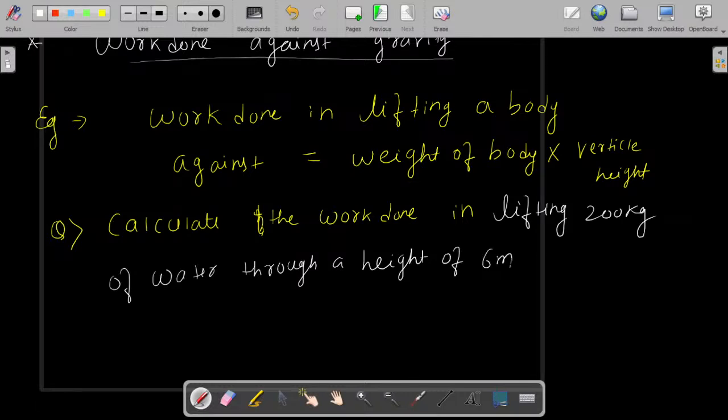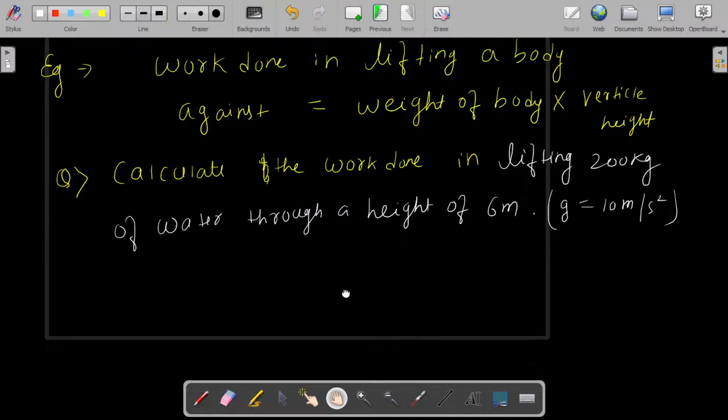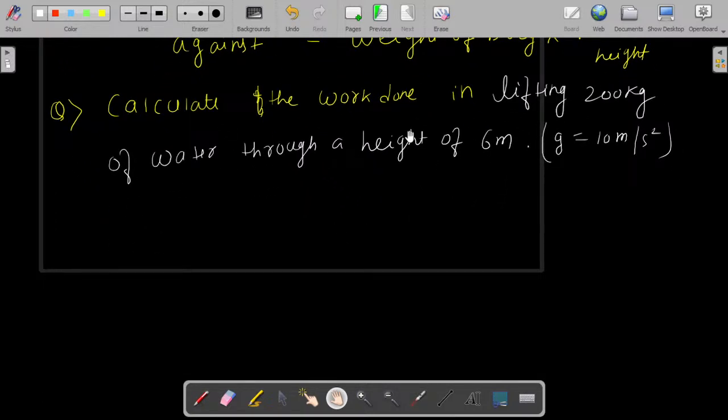Take g equal to 10 meter per second square. Calculate the work done in lifting 200 kg of water through a height of 6 meter.